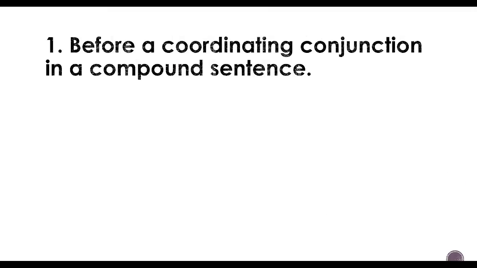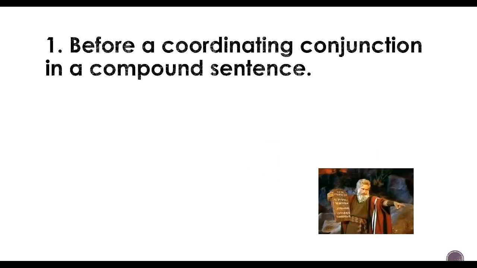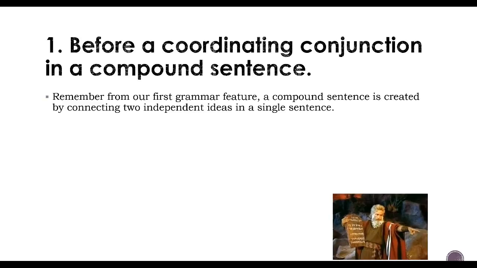So the first area that you want to always use commas, this one we talked about before, is before a coordinating conjunction in a compound sentence. Remember from our first grammar lesson, a compound sentence is a sentence that's created by connecting two independent ideas into a single sentence.